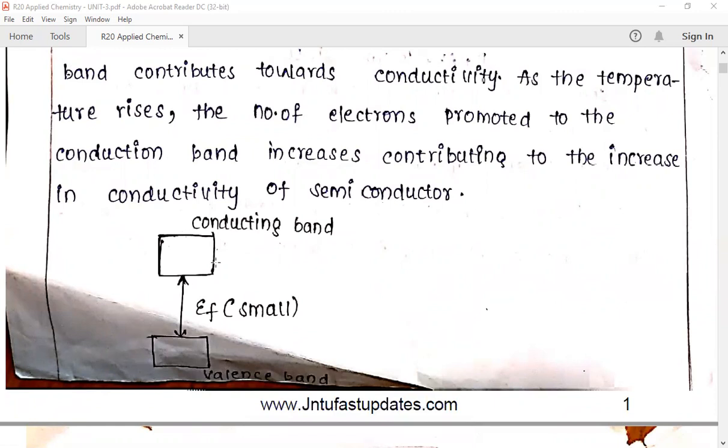And the electron, soon after reaching the conduction band, is responsible for the conductivity of semiconductors. The energy gap which is present between the valence band and the conduction band is known as the Fermi energy gap.